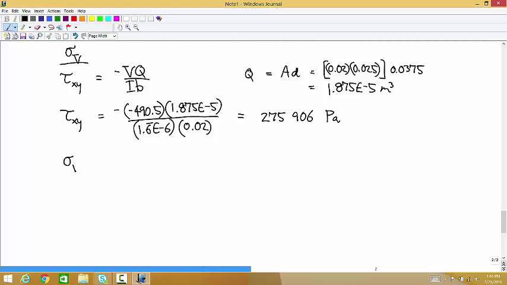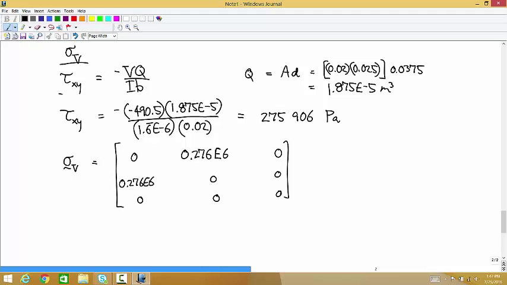So the stress tensor due to the shear force is 0, I'll write it as 0.276 times 10 to the 6, 0, 0.276 times 10 to the 6, zeros everywhere else. And so to add those together, you just add up like elements: any xx's together, any xy's together, xz's together.